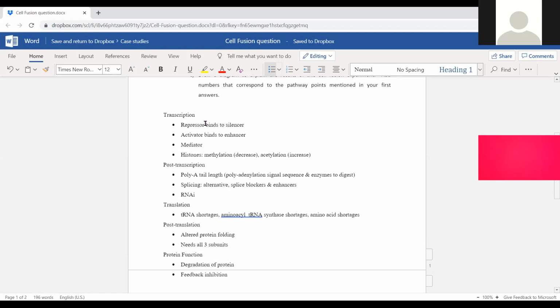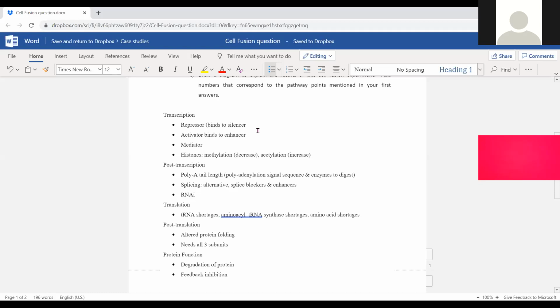Now, I want to go through and talk about cis-acting elements versus trans-acting elements. So cis-acting elements are things that are acting on self, and trans are things that can be moved around. Like the repressor for the lac operon is floating around. That would be a trans-acting element.